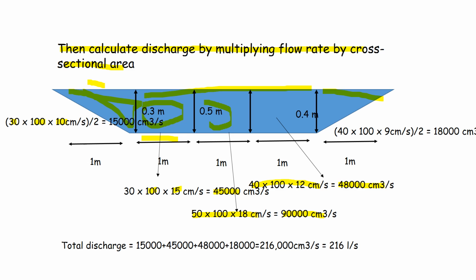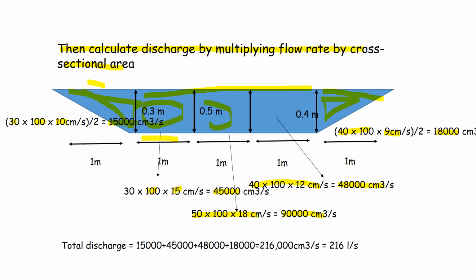Dividing by 2 for our half cross-sectional area, this is 15,000 centimeters cubed. The final area is 0.4 meters deep, 40 centimeters by a meter, and a flow rate of 9 centimeters per second. Dividing by 2, this gives us 18,000 centimeters cubed per second.